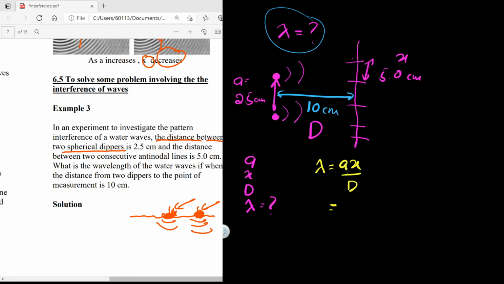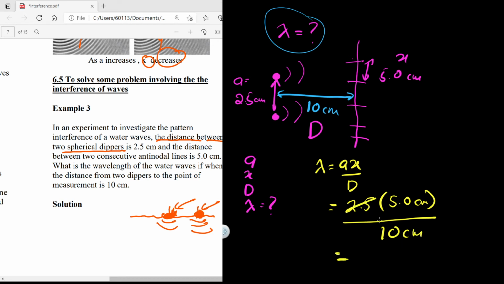We just take this equation and substitute the numbers. So A equals 2.5 cm, x equals 5 cm, and D equals 10 cm. So use your calculator.